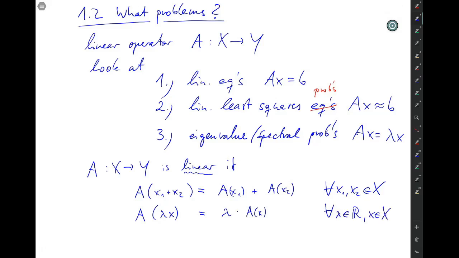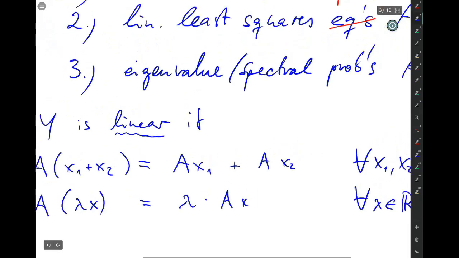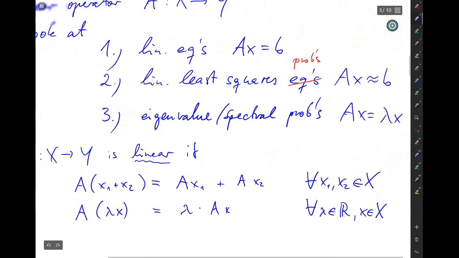If A has only one argument, then you usually drop the brackets. Let me try to erase them here. My eraser's broken.